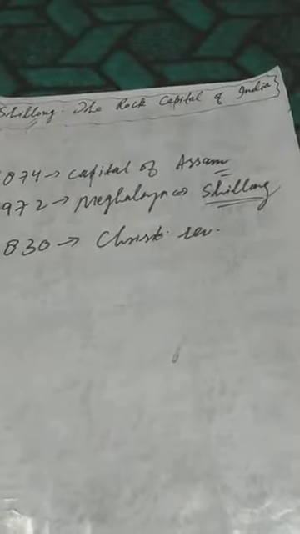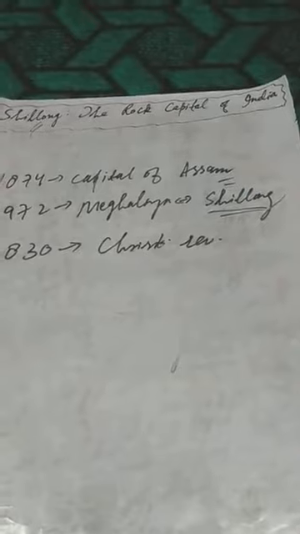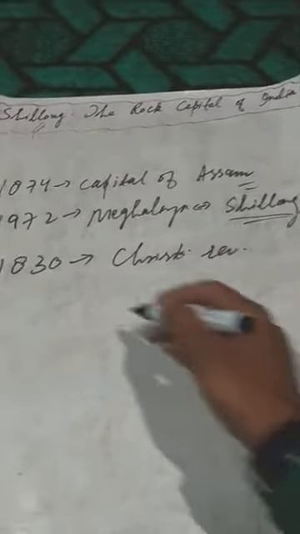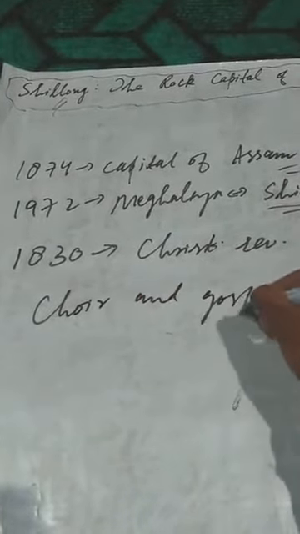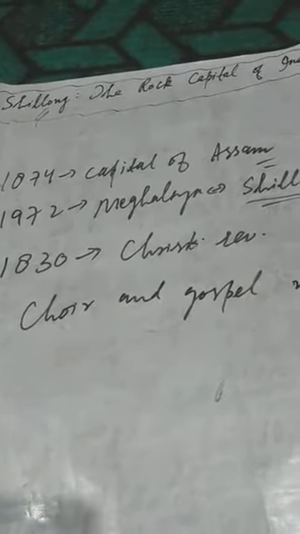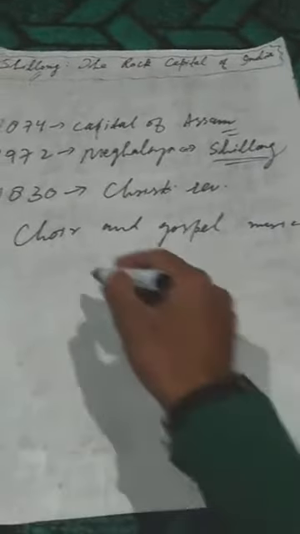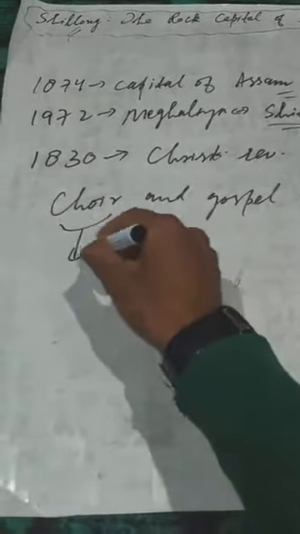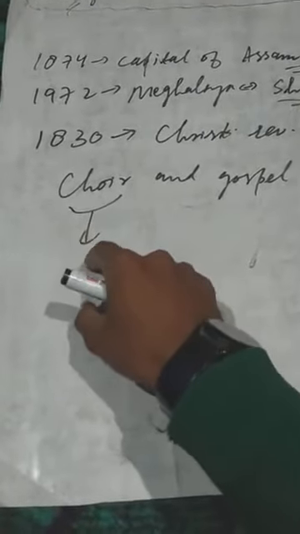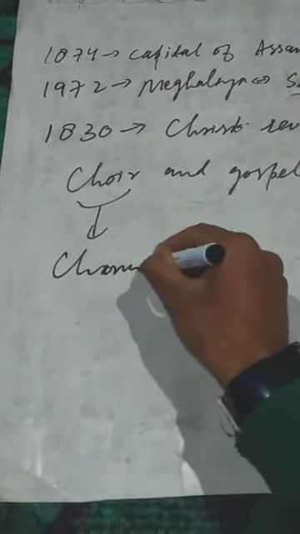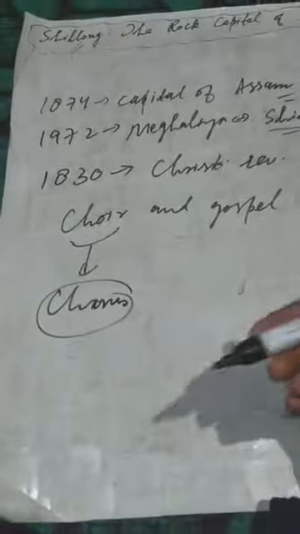Okay. Now they were set up. They came to Meghalaya, and when they came, they brought with them choir and gospel music. So what is this choir and gospel music? Choir music जो होता है, actually it is sung by a group of singers, band wise. It is sung by a group of singers, and it is common in Shakespeare's plays. अगर आप देखेंगे अक्सर जो Shakespeare plays है, there is chorus, वहाँ पे chorus होते हैं, ठीक है, जो sing करते हैं, मगर उनकी singing जो है वो किसी theme पे base होती है.